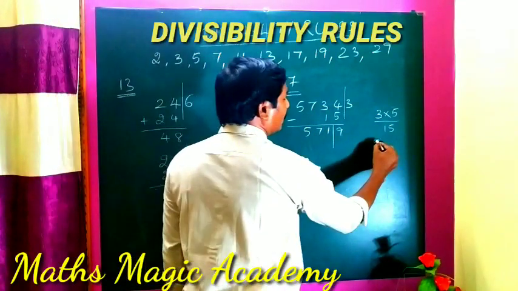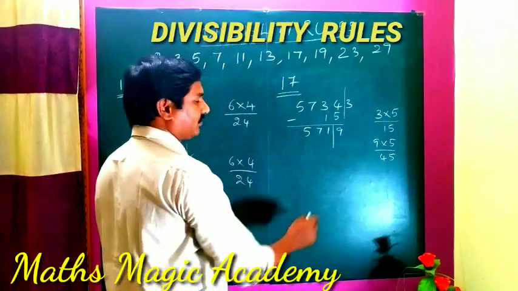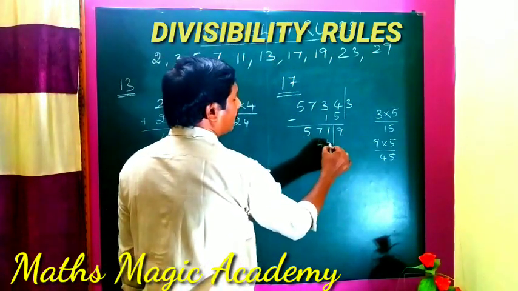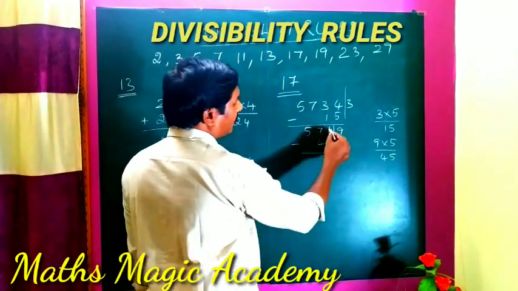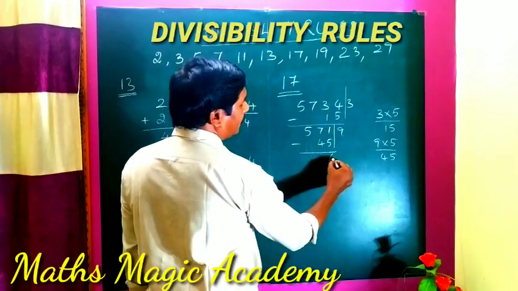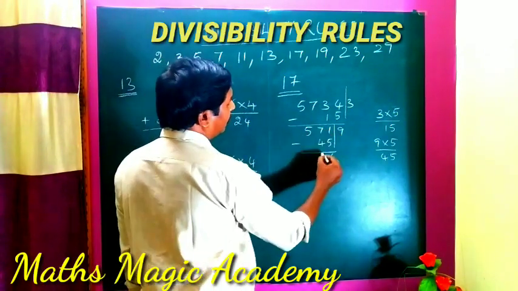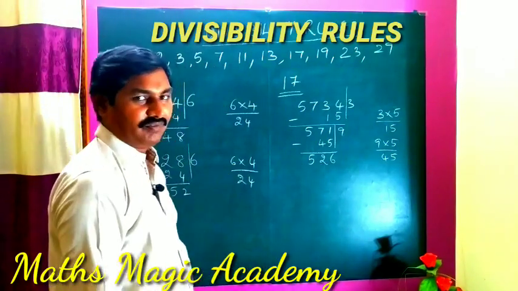So here 9 is there. 9 fives are 45. This 45 we have to subtract from the remaining digits. What are we going to get here? 11 minus 5 is 6, 6 minus 4 is 2, and it is 5. 526.